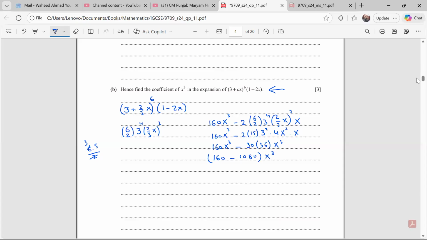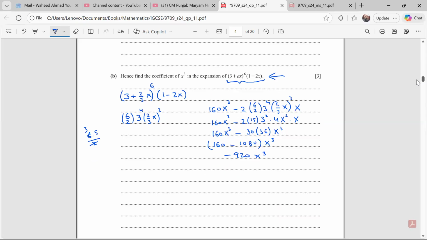Okay, and this would be 160 minus 1080, and it's going to be minus 920 x power 3. So when I multiply these two terms, then x power 3 will have a coefficient of minus 920. I hope it's clear.